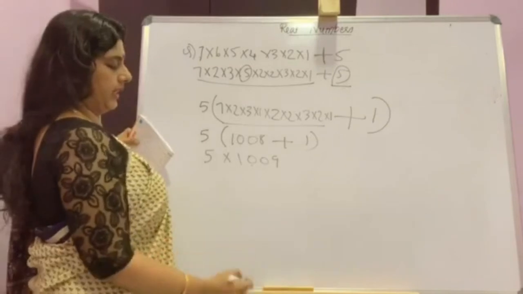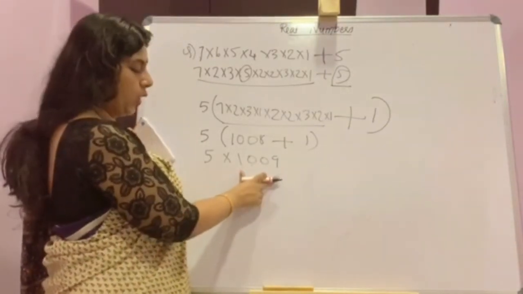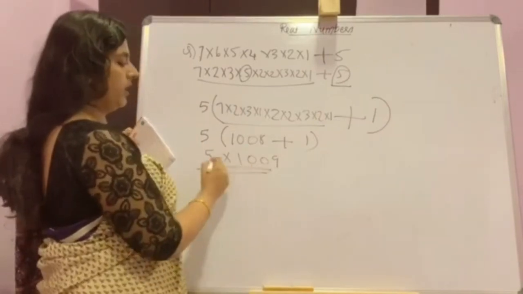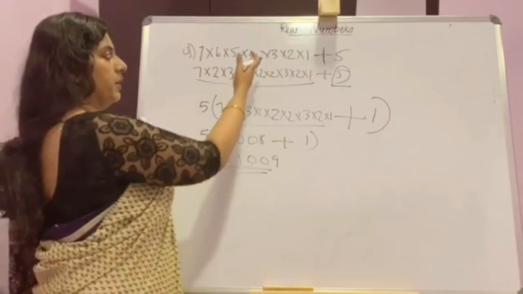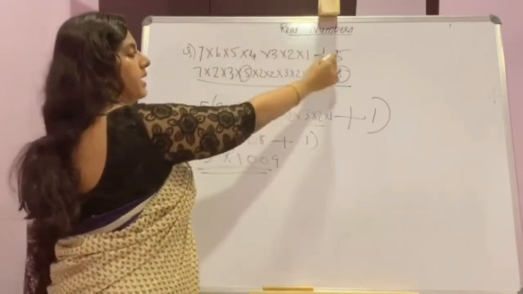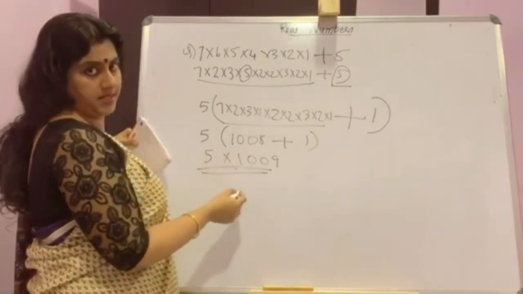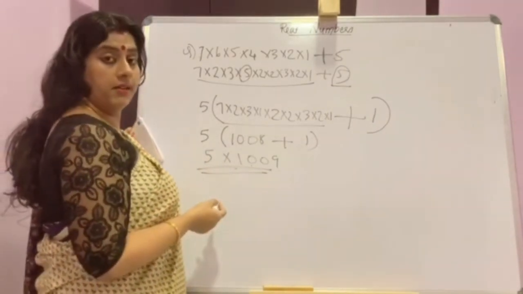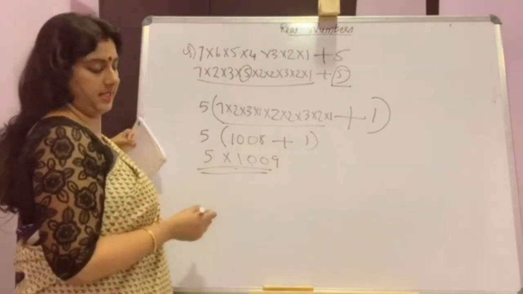You don't need to factorize it because 1009 is a prime number. Now you got it as a product of two prime numbers. So simply you can say this is a composite number because it can be expressed as a product of primes. It is from Theorem 1.2, the fundamental theorem of arithmetic.